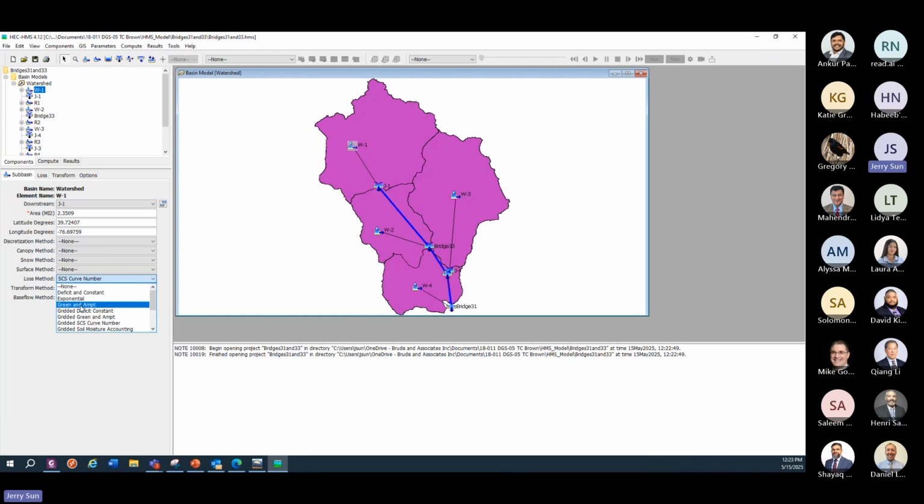I think the second most popular one is Green-Ampt. Green-Ampt uses the soil infiltration, hydraulic conductivity, the moisture content, the saturation, water content, this kind of thing. But Maryland, I think they don't accept this one. But in the western area, like Arizona here, I think they use this one because it's a dry area.